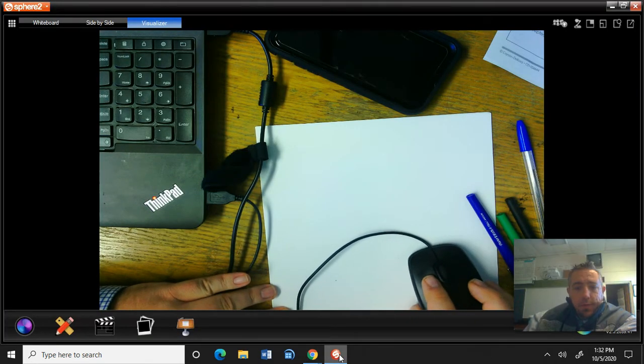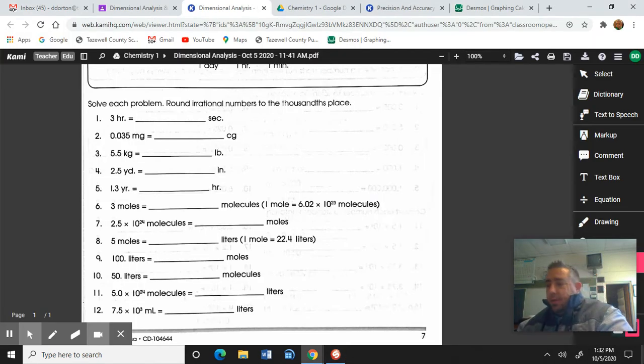Actually, let me write the problem down so I can remember what I'm doing here. Okay. So the first one wanted you to convert 3 hours equals how many seconds?